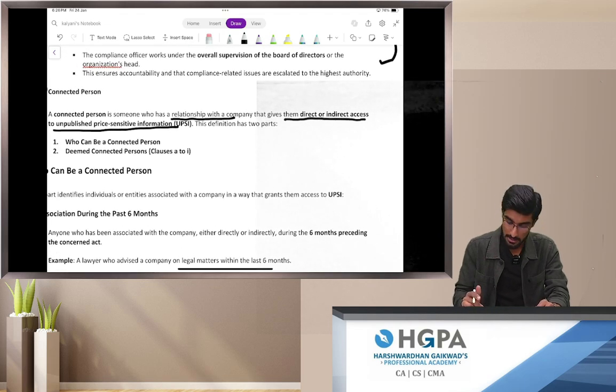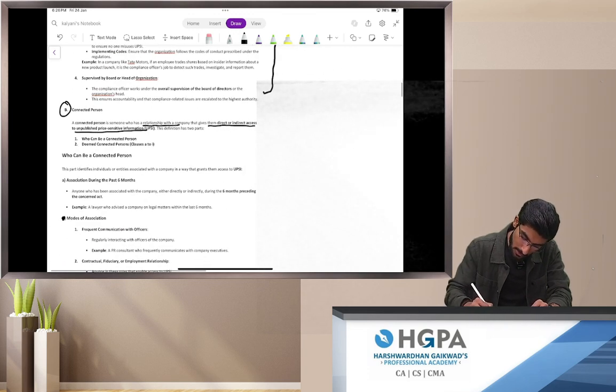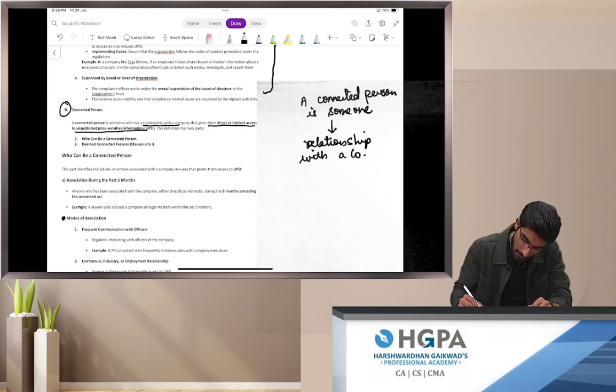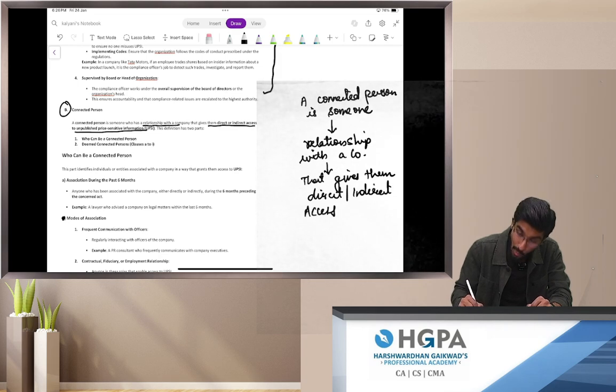Okay, now connected person. Who are the connected person? A connected person is someone who has a relationship with a company that gives them direct or indirect access to what?